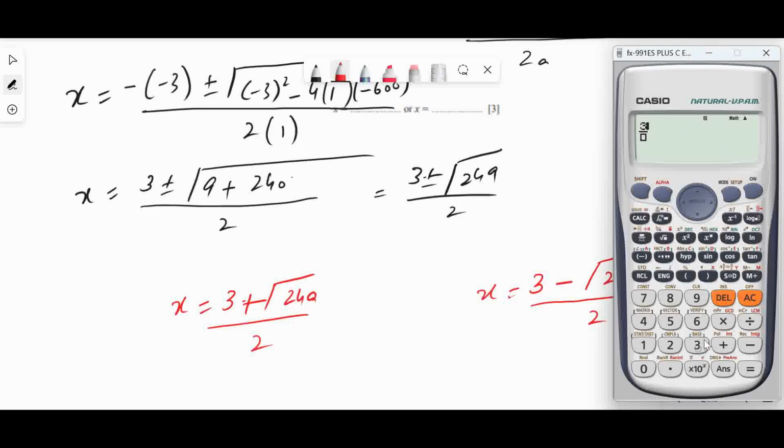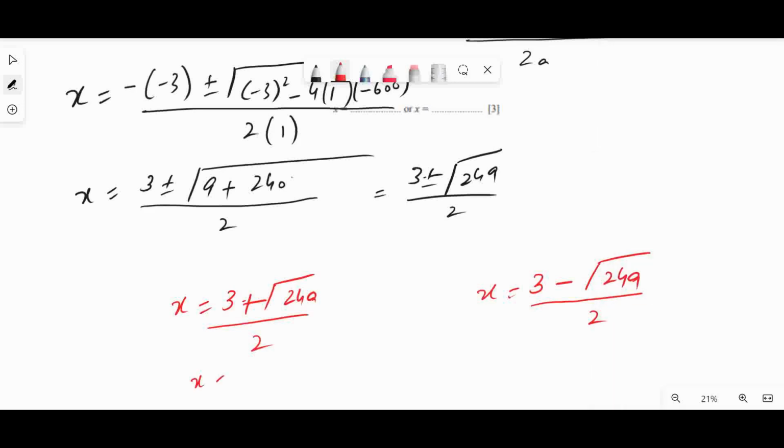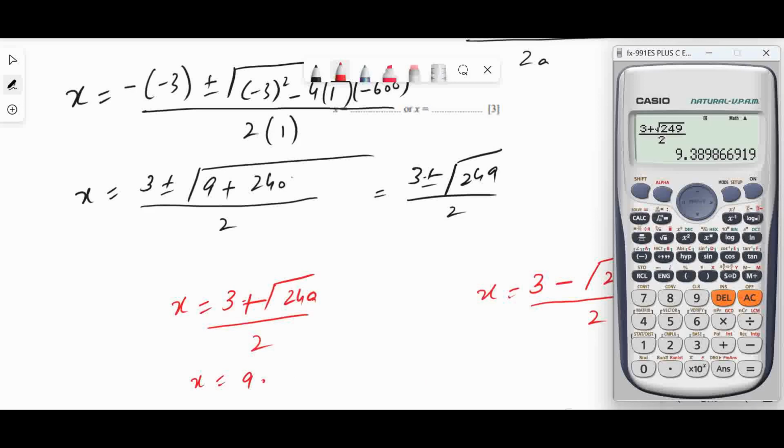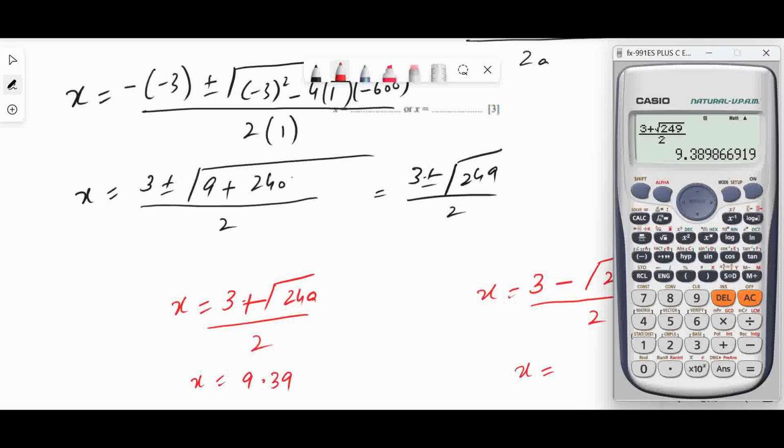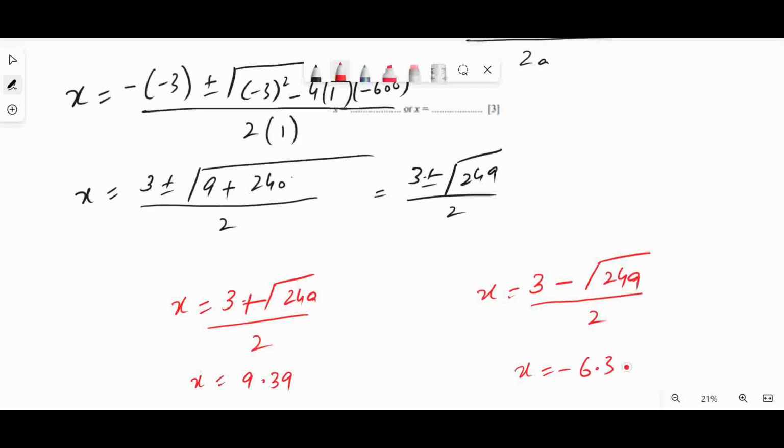So 3 plus square root of 249 divided by 2, this will be equal to x equals 9.39, and here the x will be equal to, we need to simply change the sign over here. It is minus, so this will be equal to minus 6.39. So these two will be the final answer.